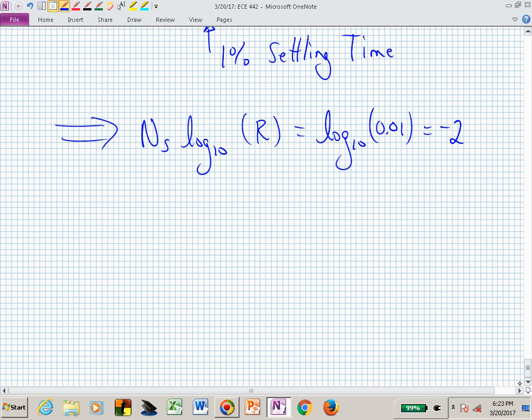Now we can solve this for R or for N sub S, depending on how we want to do it. Suppose we look at log base 10 of R, that's now minus 2 over N sub S. And that formula we can take either way.